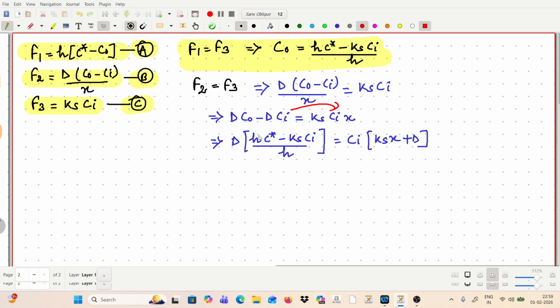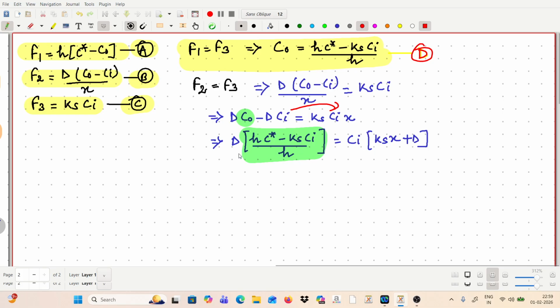C naught is nothing but simply this, from equation D. I am saying equation number D. Okay, this we can write.